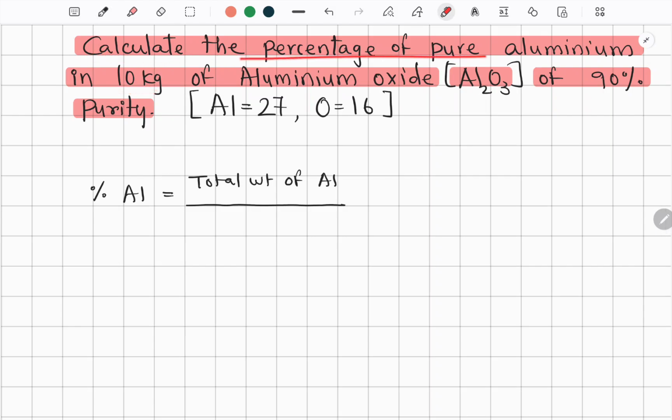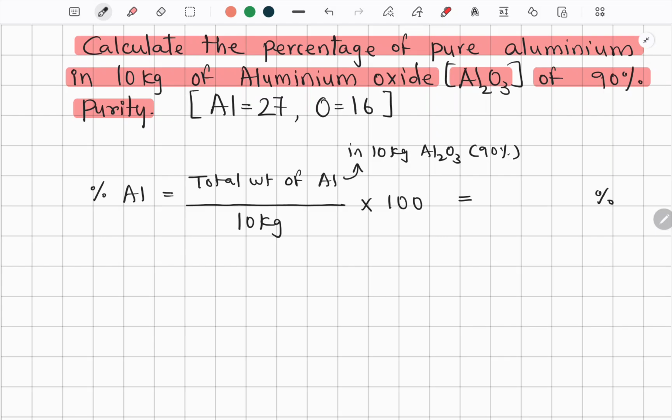That means my denominator is already given, 10 kg. I'm going to multiply it with 100, and whatever answer comes will be my percentage of pure aluminium. But for that I require one important thing, which is the total weight of aluminium in 10 kg of Al2O3 with 90% purity.